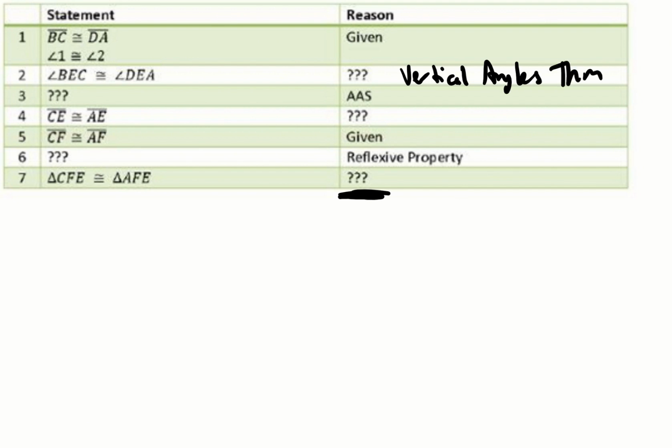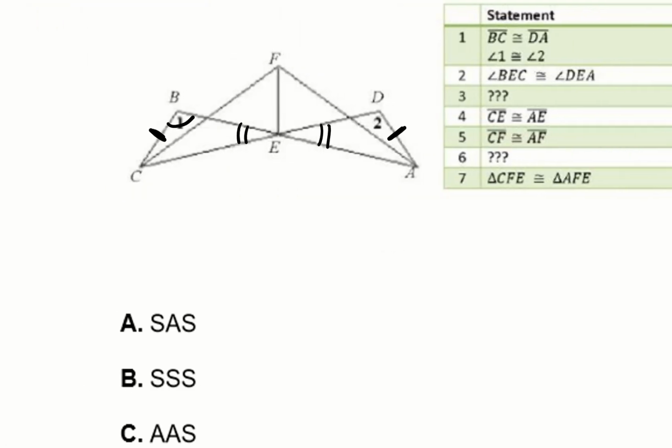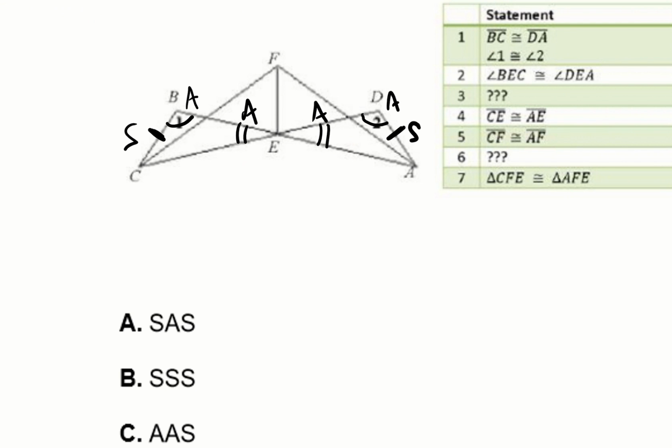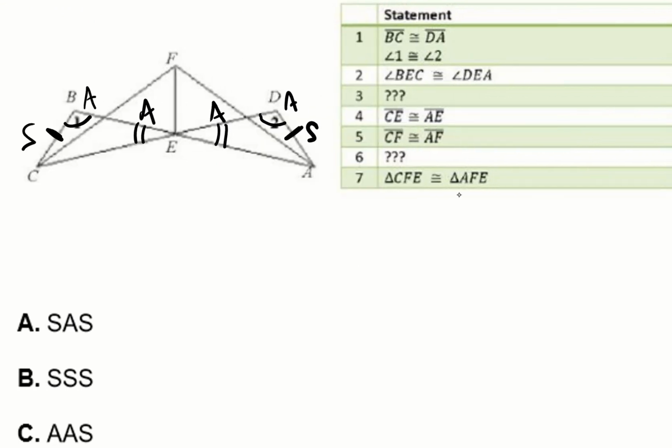So, vertical angle theorem. Now, because we have a side, angle, angle, side, angle, angle, that means that those two triangles are congruent. So we know that triangle CBE is congruent to triangle ADE.